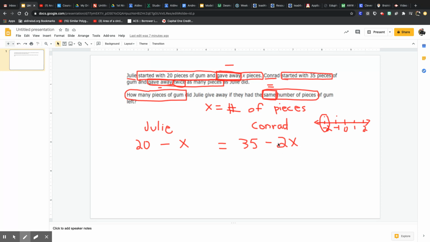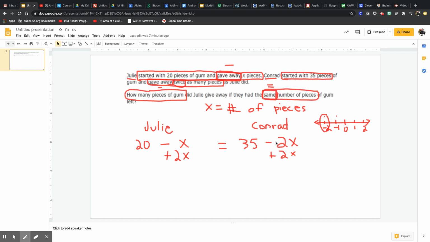To do that, I do the opposite. We call that the inverse operation. So instead of subtracting 2x to cancel that out, I'm going to add 2x, because negative 2 plus 2 gives me 0. And I'm going to do the same thing here. I'm going to add 2x. Now, remember, in the 8th grade, we can use calculators. So if you need to use the calculator on your phone, or the Desmos online calculator, put these in your calculator.